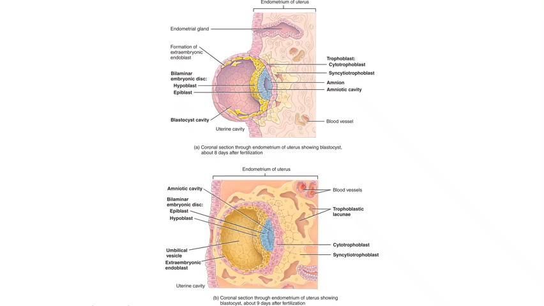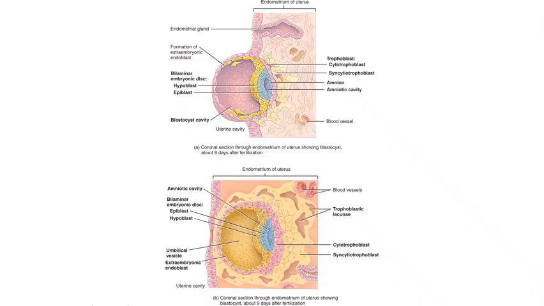Now, on the 9th day after fertilization, the blastocyst becomes completely embedded in the endometrium. And as the syncytiotrophoblast expands, small spaces called trophoblastic lacunae develop within it. By the 12th day of development, the trophoblastic lacunae fuse to form larger interconnecting spaces called the lacunar networks.